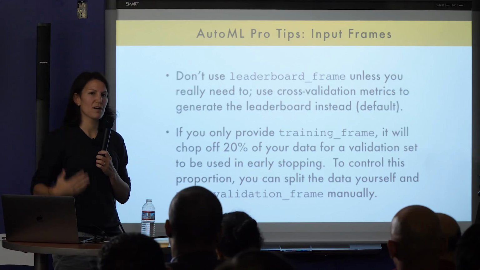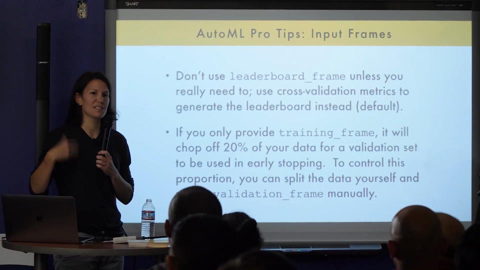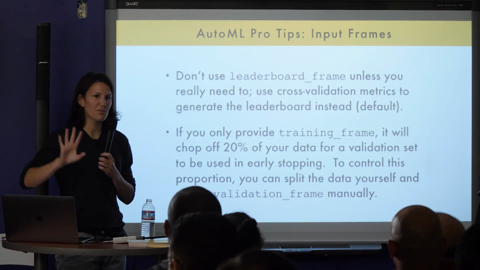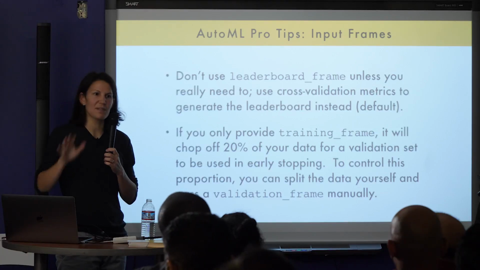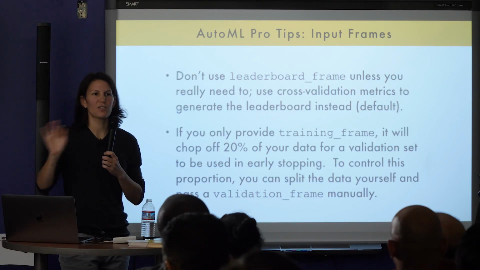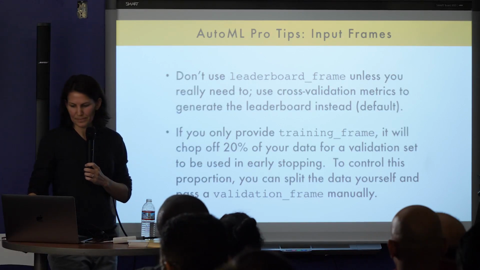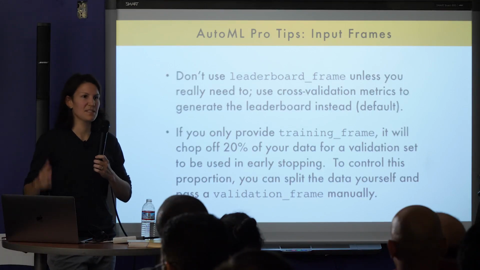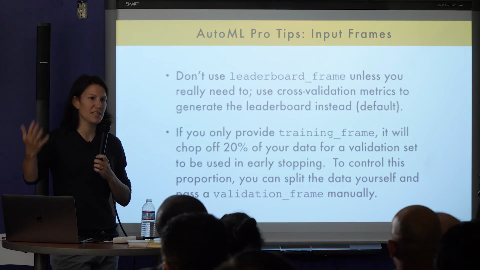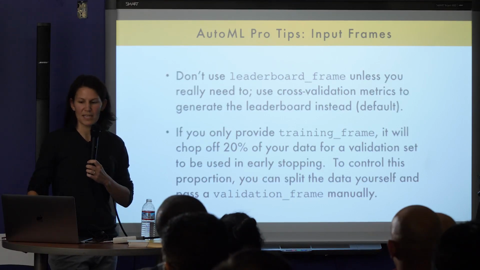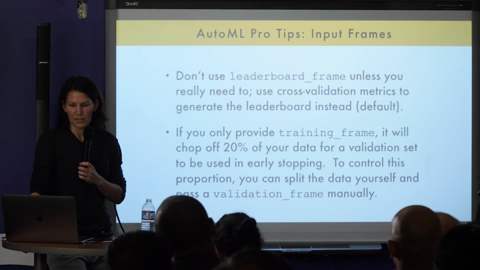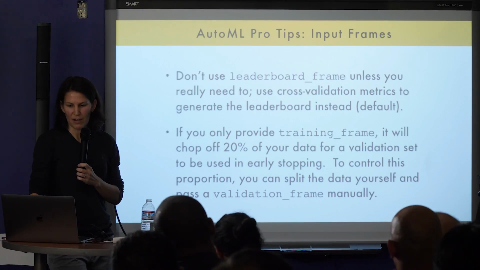So we're being more resourceful and efficient with the data that you have if you don't pass a leaderboard frame. We would say ignore that argument unless you have a specific reason and you want to score on a particular data set. So don't use it unless you know that you have to.